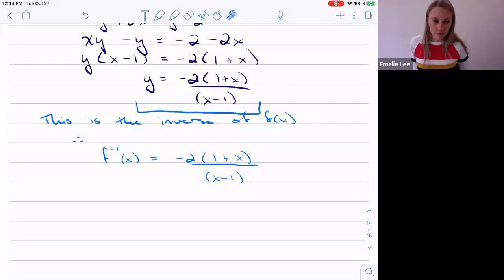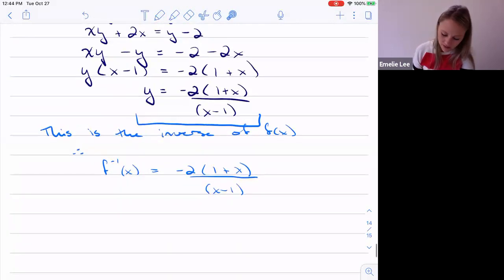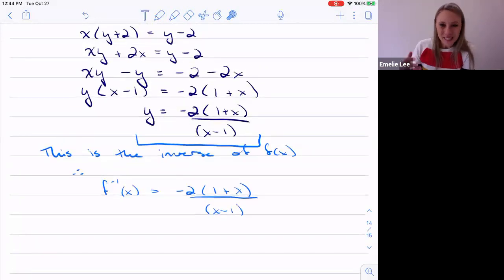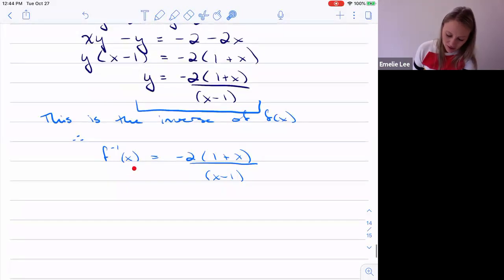The next step is we need to confirm that this is the inverse. How do we confirm that it is the inverse? We have to use function composition.